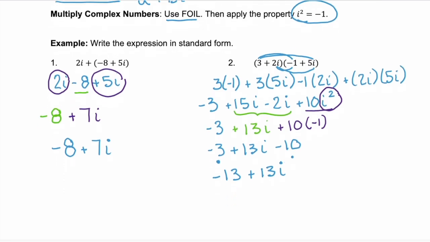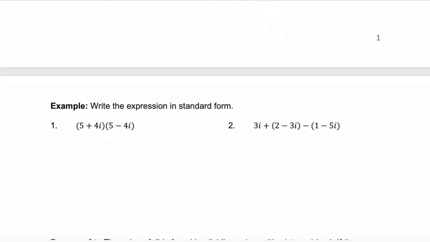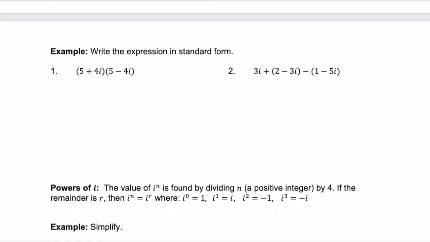Let's go to page 2 and look at a couple more examples. So example 1 here, we're multiplying two binomials together. So we use FOIL again. First, 5 times 5. The outer, negative 4i times 5. The inner, a positive 4i times 5.